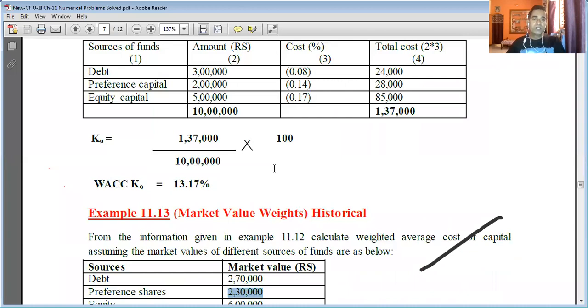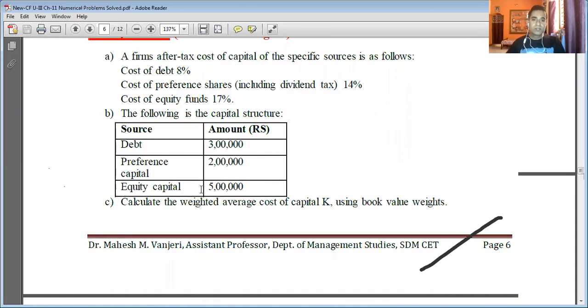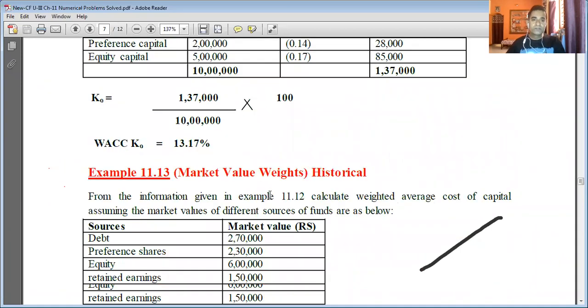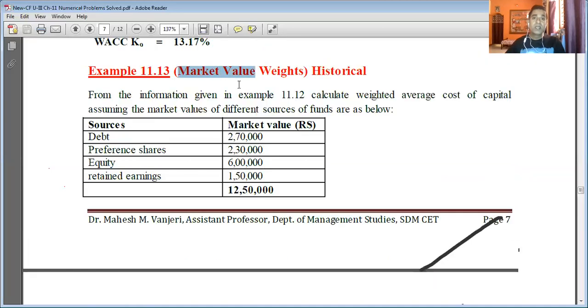And if you want to sell your equity shares worth 5 lakh rupees, the market value is 6 lakh rupees. I hope the data is simple and easy to understand, and you understood the difference between book value weights and market value weights.